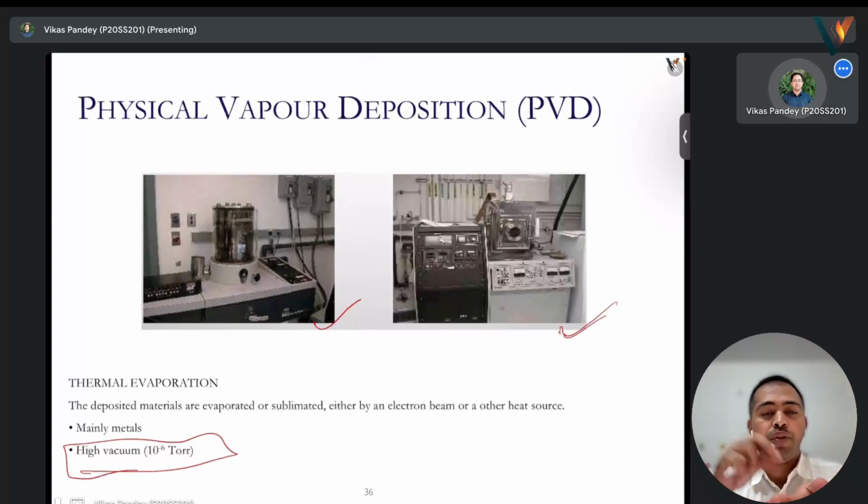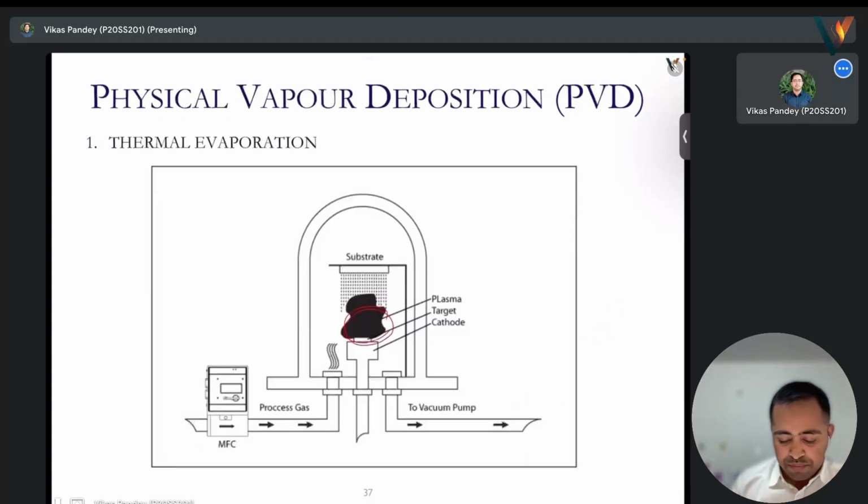The second thing is that when we are evaporating these materials, there is some material that is being evaporated from here. If there is some obstruction due to Brownian movement or collisions, it will not be able to travel straight, or the mean free path will be less.